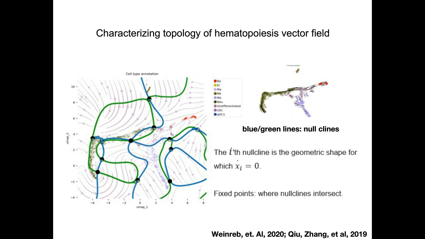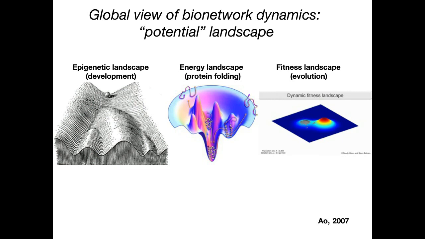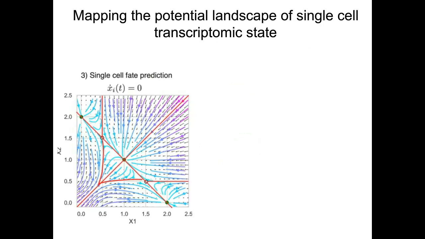But for the sake of time, I'm going to take the last few minutes to tell you how we can move from vector field to potential landscape. Potential landscape is very well appreciated and an intuitive concept that was used in many different fields in biology, including the epigenetic landscape from Conrad Waddington, used in development, the energy landscape in protein folding, and the fitness landscape in evolution.